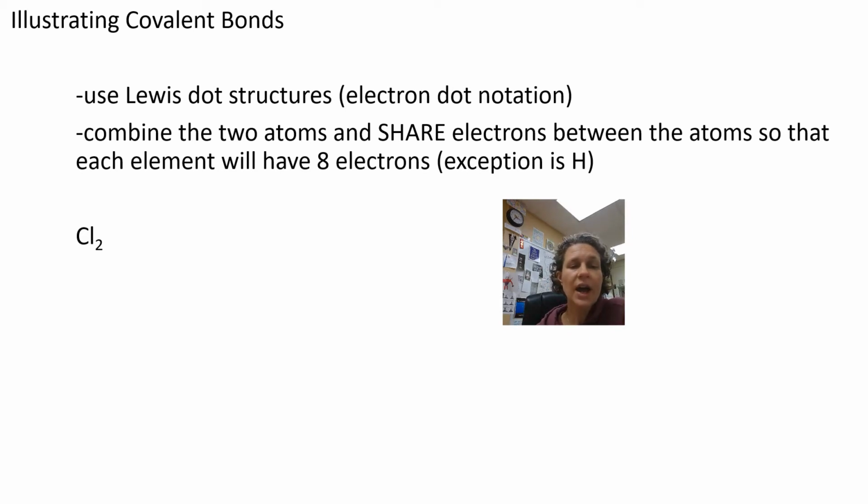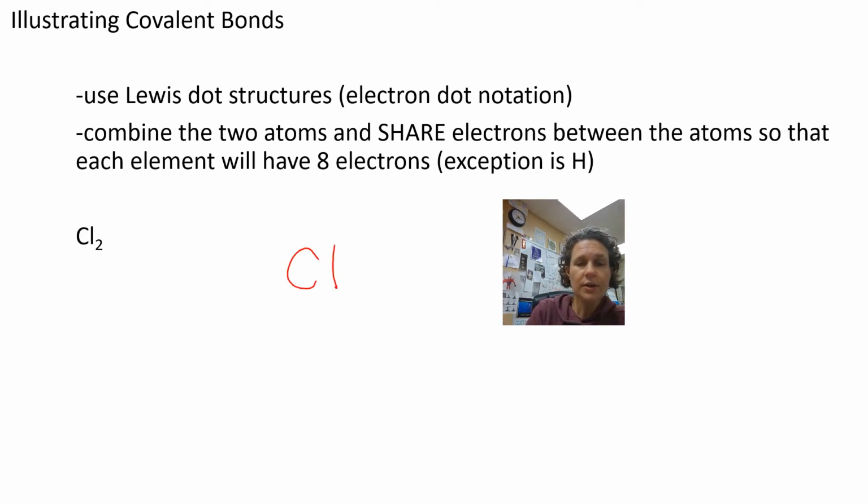If we have a chlorine molecule, Cl2, it means I've got 2 chlorines bonded together. When you draw them out, you draw each one with its electrons. This is what we wrote on our periodic tables. Chlorine is in group 17, so it is going to have 7 dots around it. I'm going to draw one chlorine to start with.